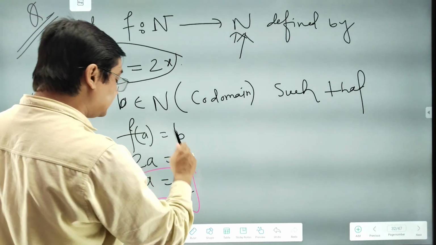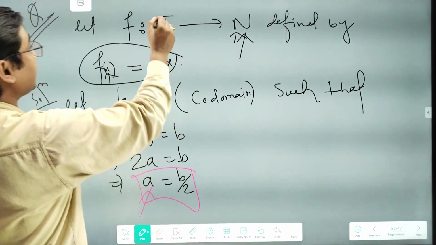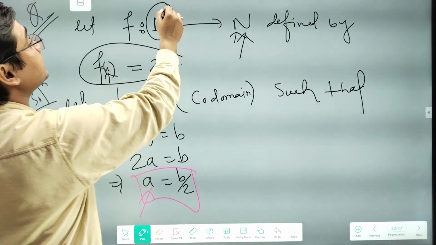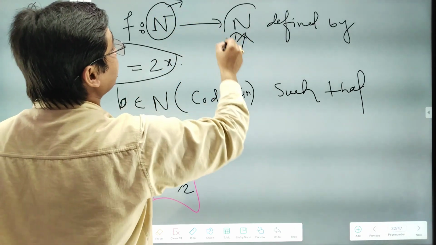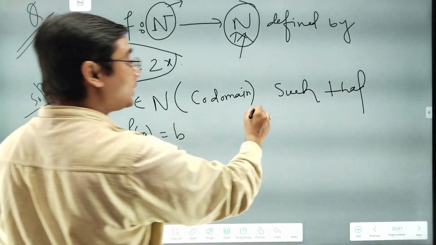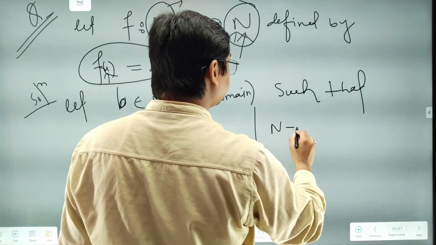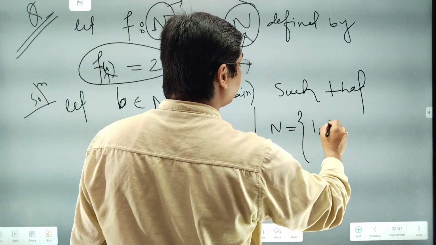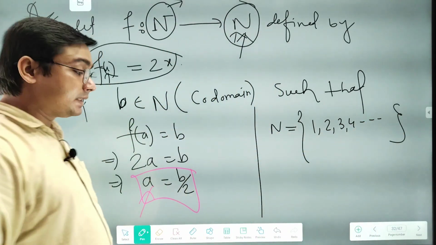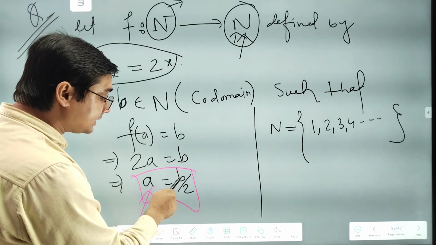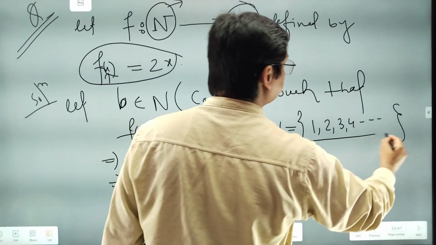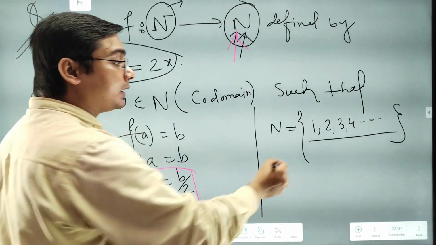Now you check whether this A is in the first set or not. You remember, we consider here the set of natural numbers. Do you know the set of natural numbers? It will have 1, 2, 3, 4 and so on. So you see here this B is in capital N, that means the value of B can be anything like this. So now we choose one.